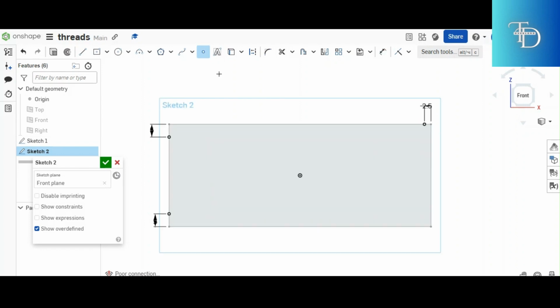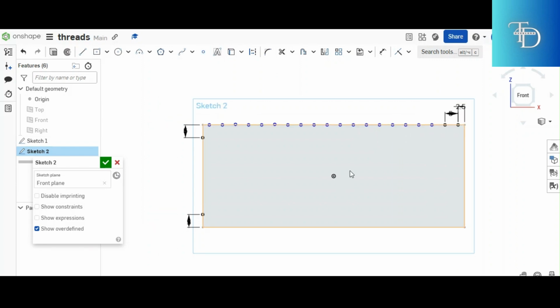And then from that point of 2.5, going along the line, you no longer do half pitches. You do the full pitch now, which means you mark 5 units, 5 units, 5 units, 5 units, all the way up to the end point.